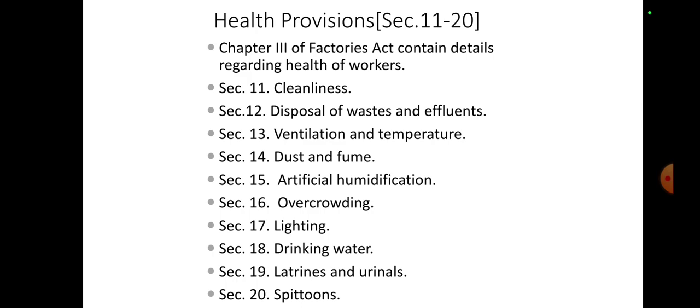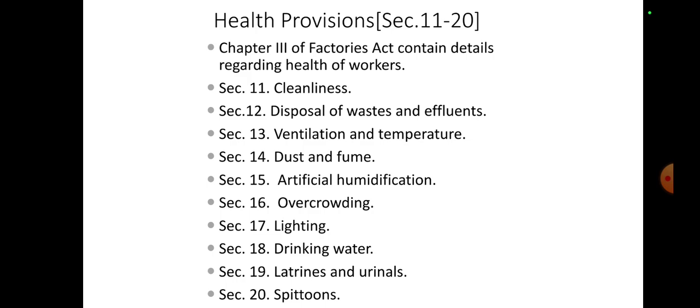Usually depending on the type or size of the firm, we can see the number of workers working there. So when some workers are working, it is the primary duty of the occupier, who is the industrialist or the owner of the firm, to take care of or look after the health of the workers.